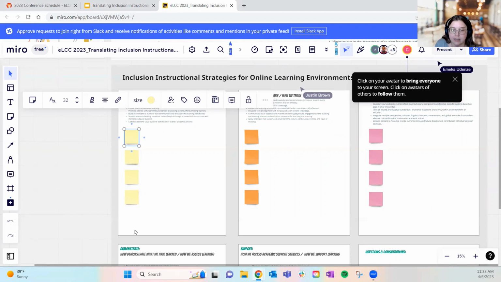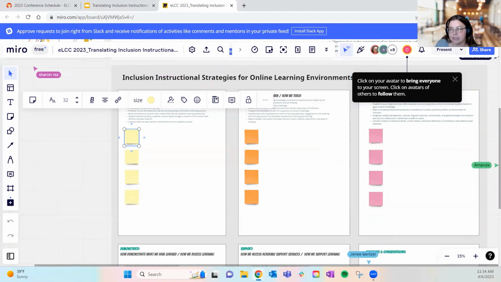I do see a question that came up, so I want to answer that. And then I'd like for us to split into small groups, since there's so many of us, just to be able to brainstorm some strategies. If you need help brainstorming some ideas and strategies, there's a resource for inclusion practices in teaching and learning that was adapted from the Center for Research on Learning and Teaching that Jesse's going to put in the chat for me.